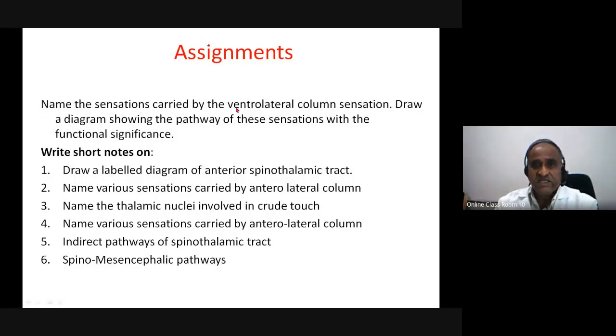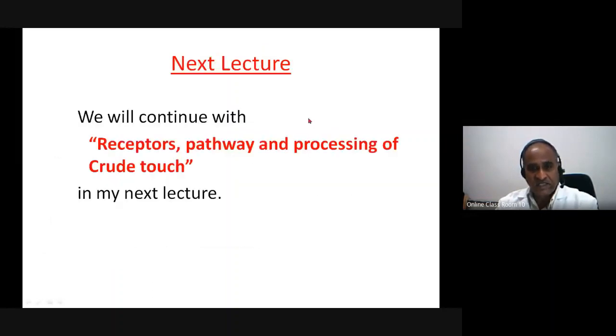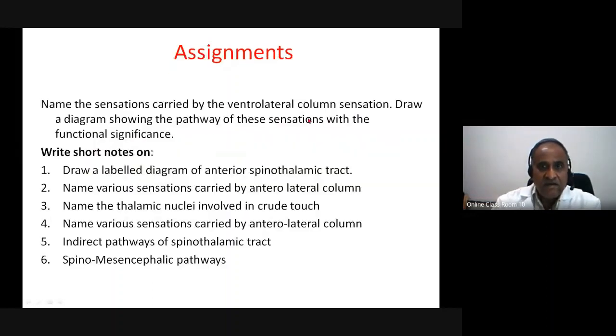Name the sensations carried by the ventrolateral column. Draw a diagram; please practice the diagram. Draw a diagram showing the pathway of these sensations with the functional significance, as I have shown in my lectures.